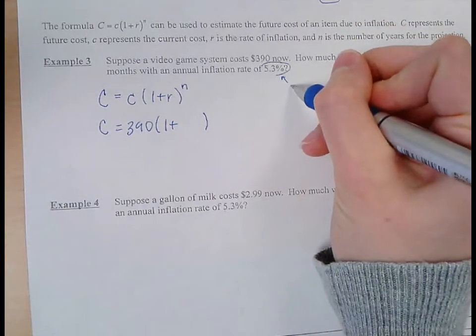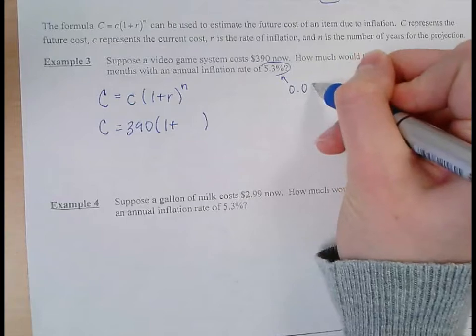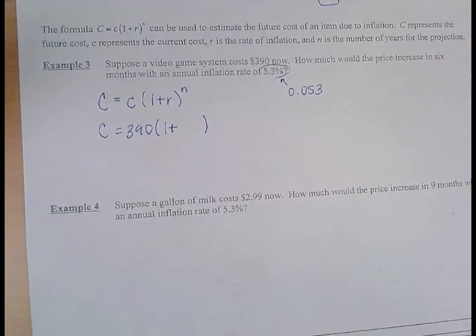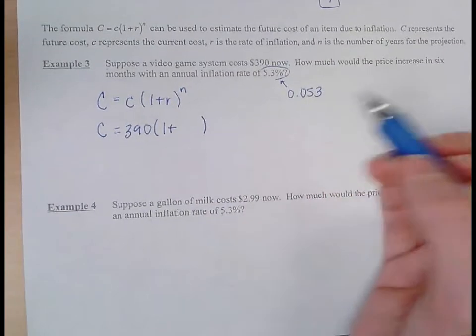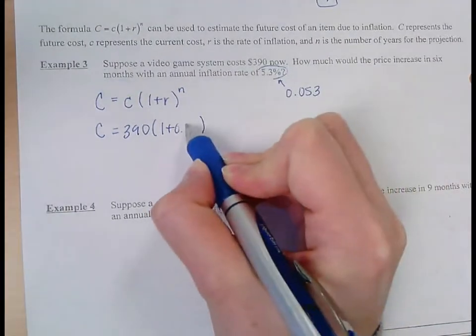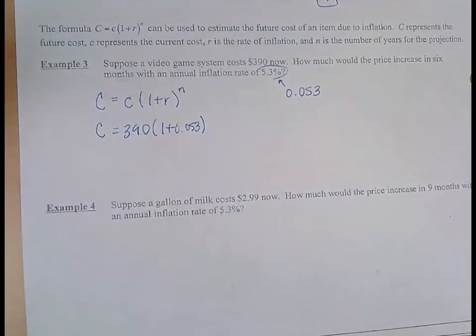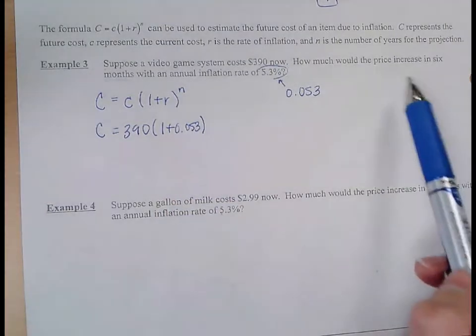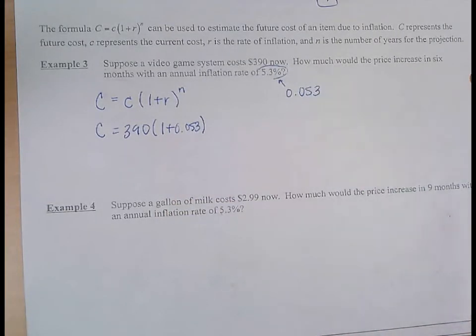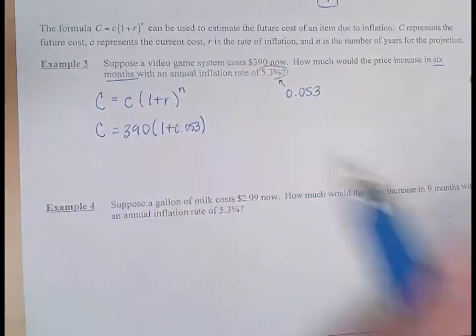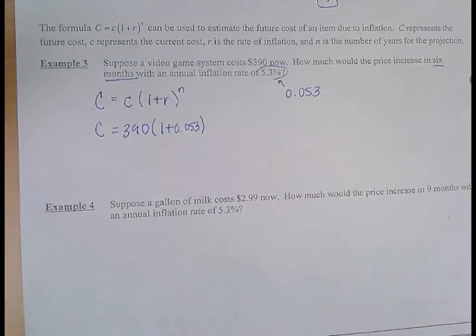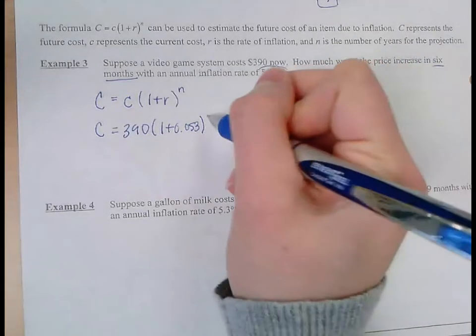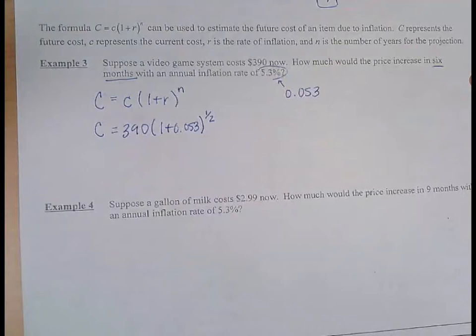So 5.3% is really 0.053. You'd have to divide 5.3 by 100. This is the value you should substitute in for r, not 5.3 itself. And n is the number of years for the projection, so what would n be? N would be 1/2, because 6 months is half of a year.